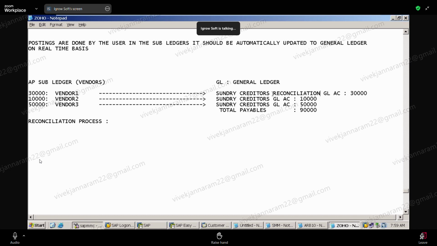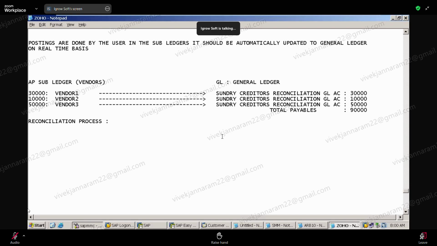What do we call this? Reconciliation GL. This is the name that we give: reconciliation GL. Is this reconciliation done manually or automatically at any point? No, it is always automatic. So my subledger and general ledger will at any point of time match 100% in SAP.